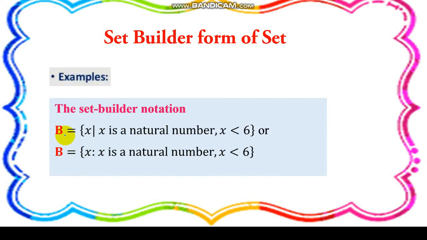We'll say B is a set of all x such that x is a natural number less than 6, or B is a set of all x such that x is a natural number and x is less than 6. So in set builder notation we are talking about the natural numbers that are less than 6.